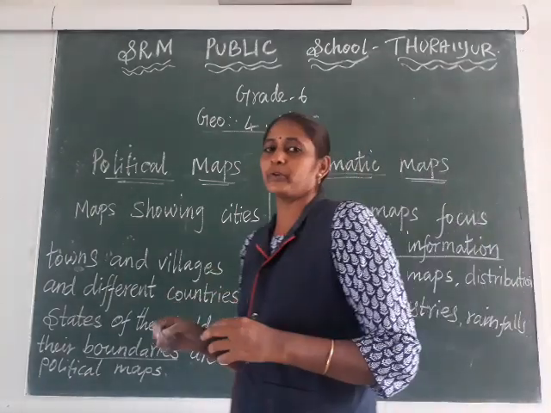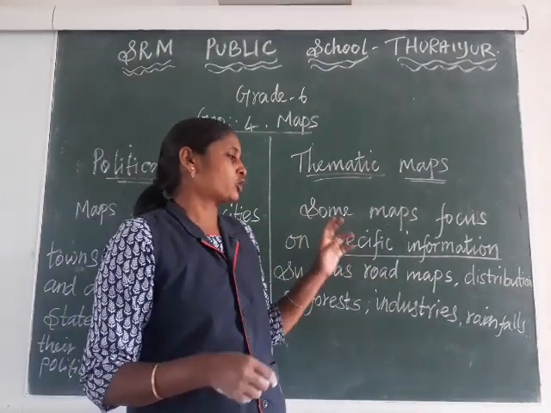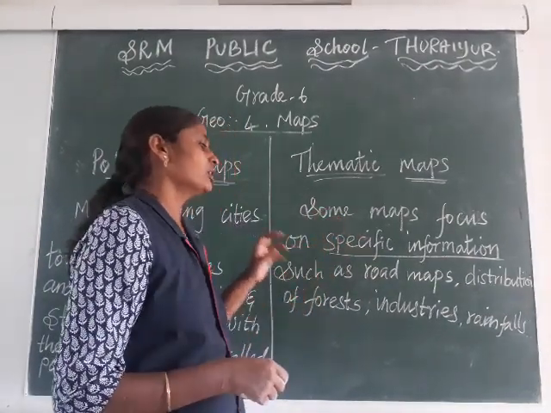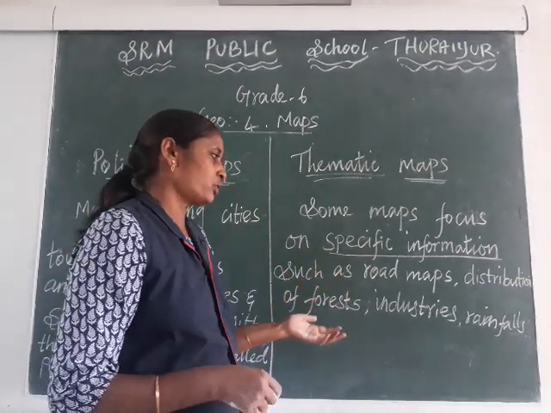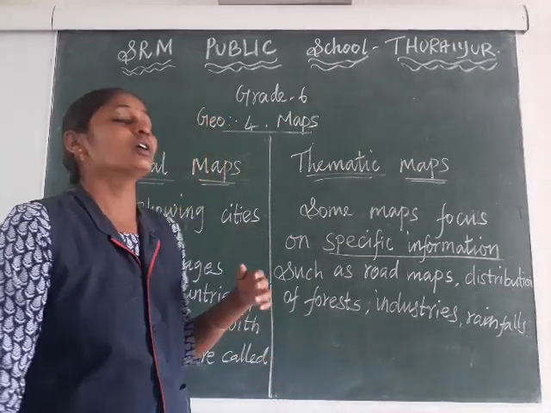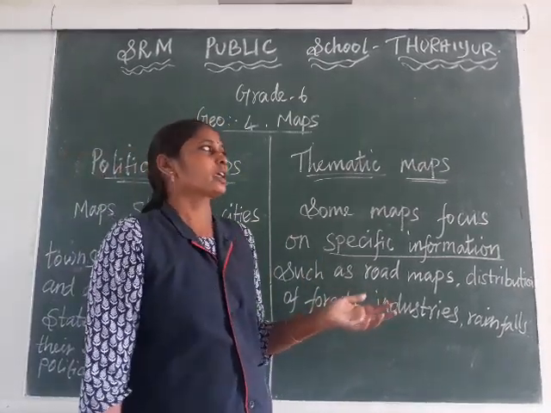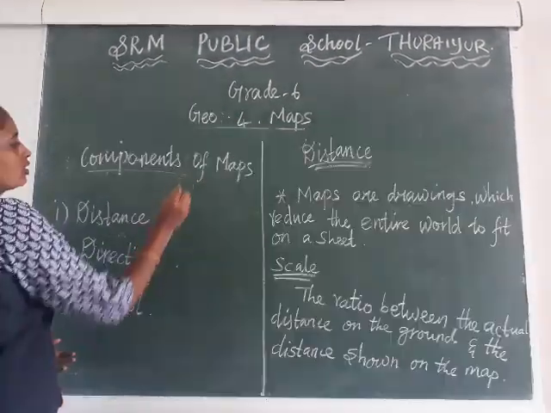The last one is the thematic map, which shows specific information about a particular issue, maybe distribution of roads, forest, industry, or rainfall.